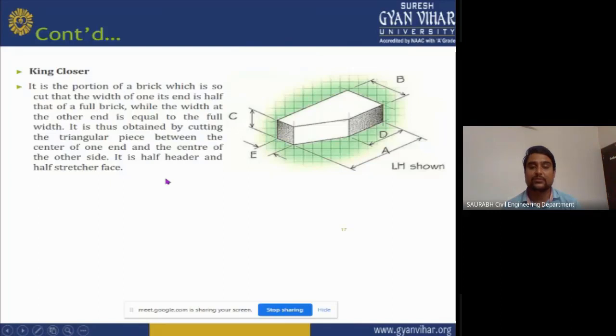It is thus obtained by cutting a triangular piece between the center of one end and the center of another side. It is half header and half stretcher face. As you can see, this is your half stretcher face and this is your half header face and this is your half stretcher face.